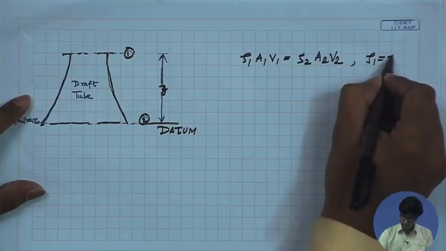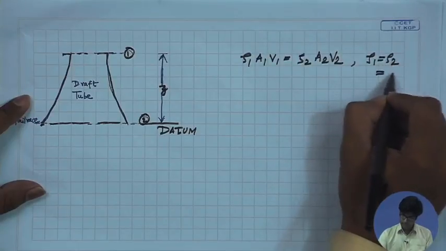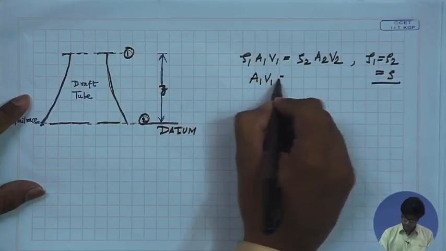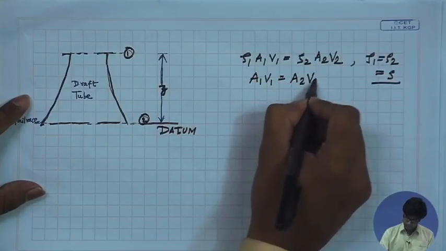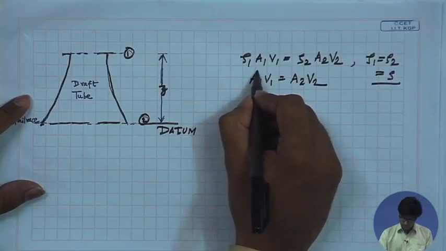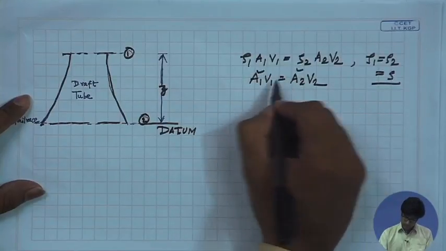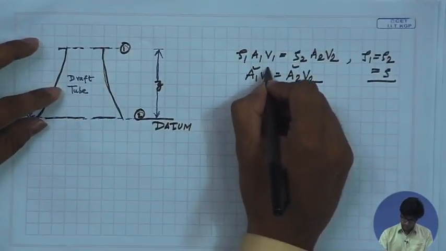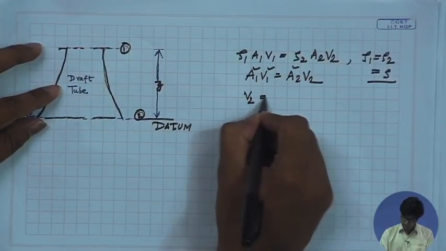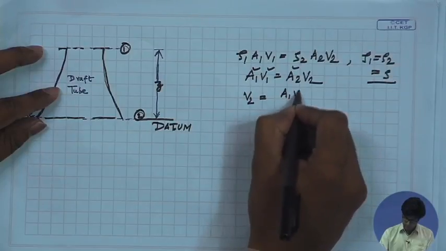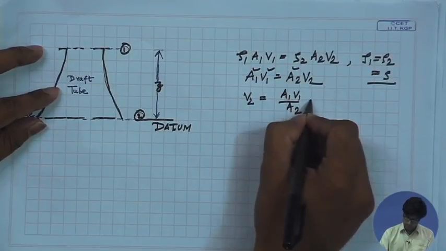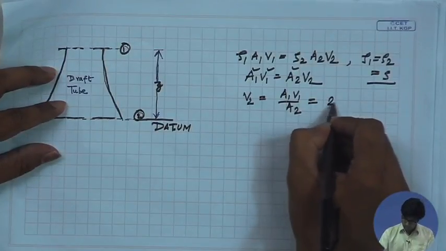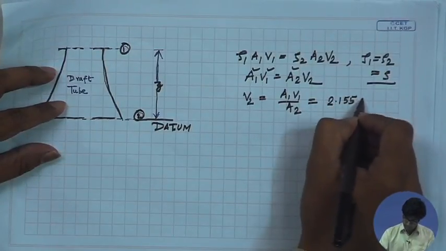Since the density is constant, we can finally write A1 V1 is equal to A2 V2. We know the inlet area and the outlet area, and the velocity at the inlet. So, we can find V2 as A1 V1 by A2, which comes out to be 2.155 meter per second.